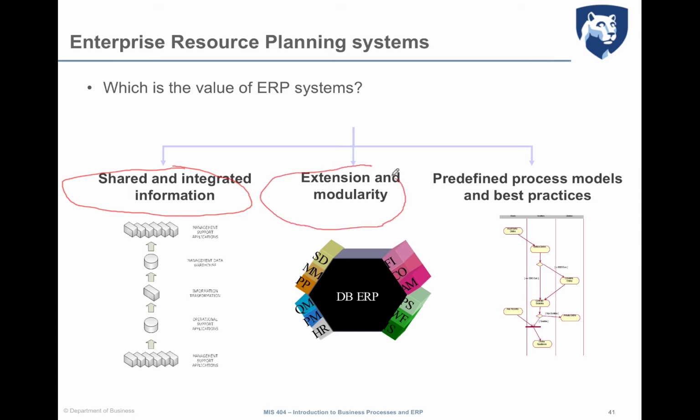An ERP system is characterized by extension and modularity, meaning that it can be extended with many suites and applications, making it adaptable to different companies and requirements. Finally, a not negligible aspect: an ERP system can propose and have as embedded a predefined business process model, from which the company can start to then customize the process. So we have a benchmark, a starting point, the modeling of a standard process which can then be customized according to company needs.